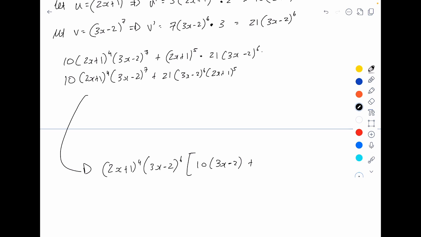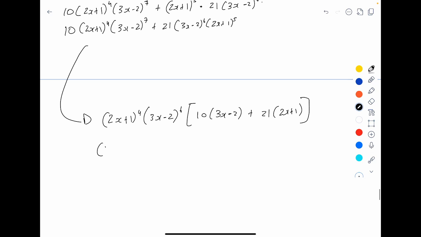Okay, plus 21. And what you're going to have there is 2x plus 1. Right, so what you get then is (2x plus 1) to the 4, (3x minus 2) to the 6, times 30x minus 20 plus 42x plus 21.